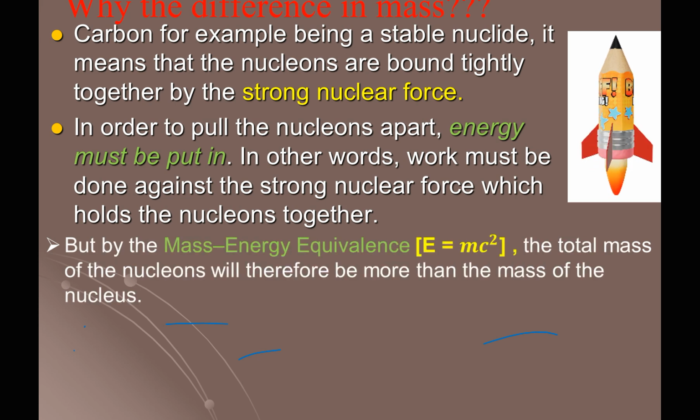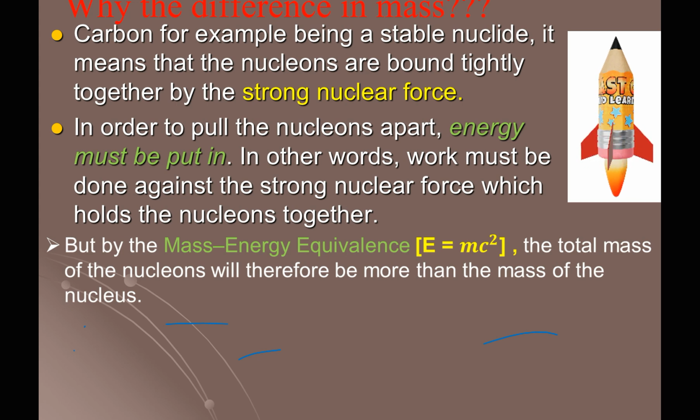By the mass-energy equivalence from the famous Albert Einstein's equation, the total mass of the nucleons will therefore be more than the mass of the nucleus, because in separating the nucleons, energy has been added. And since energy is equivalent to mass by that equation, E equals mc squared, that energy added is compensated for by the difference in mass.